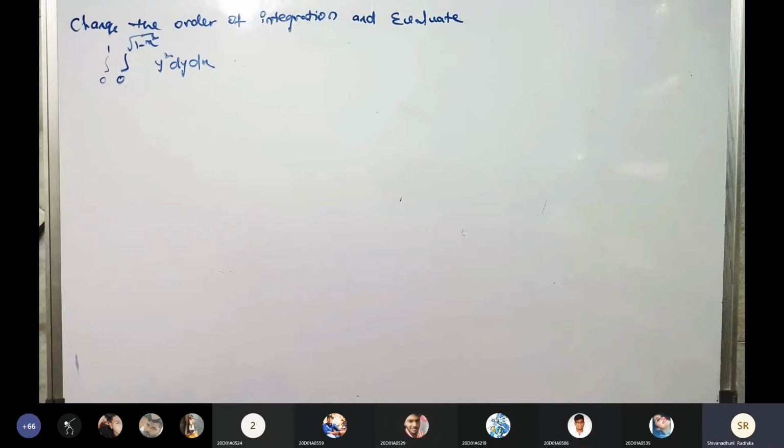Clear? Identify the given integration limits first.